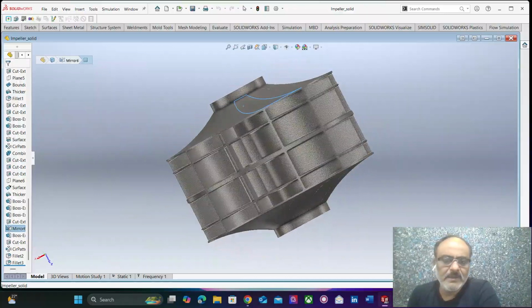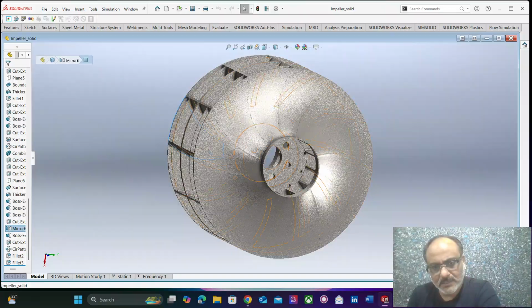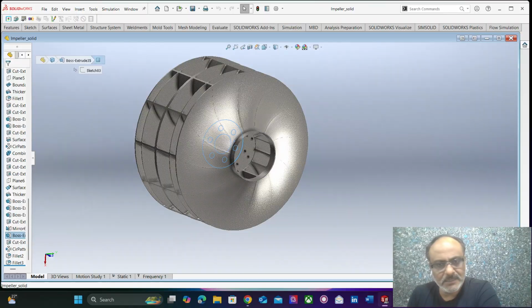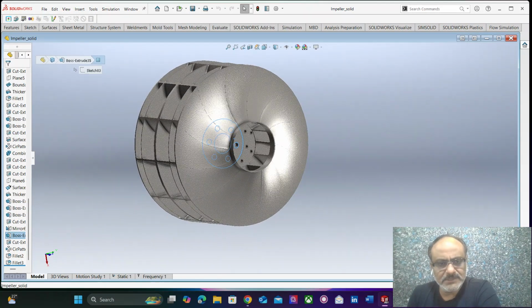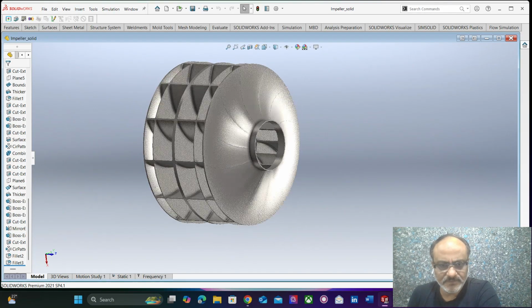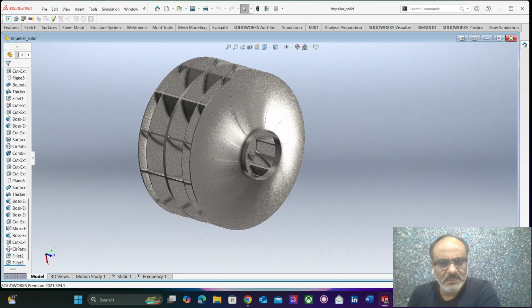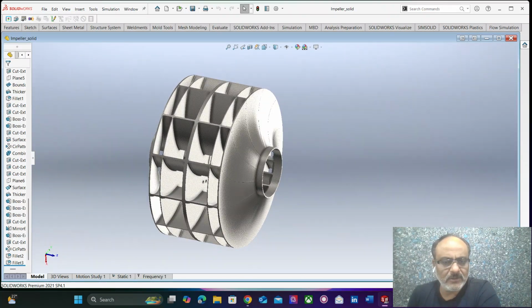That was a completely casted system which was connected to the shaft, and this shaft was rotating at 600 to 700 rpm. That was the variation, and later on they observed that the structure was heavy and the cost was also very high, which triggered the thought of optimization.